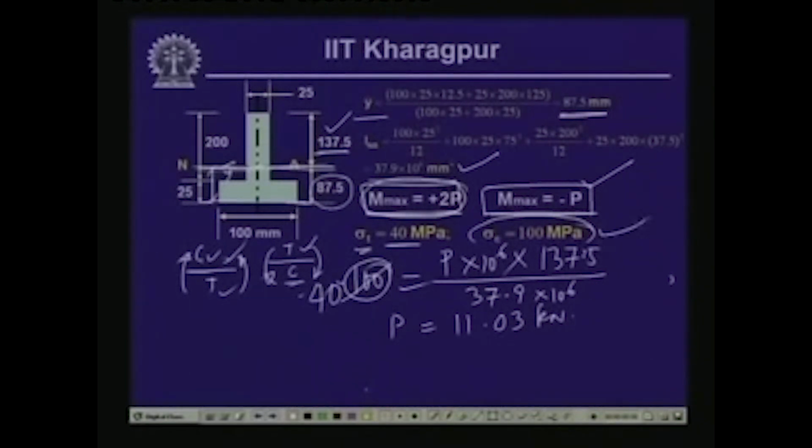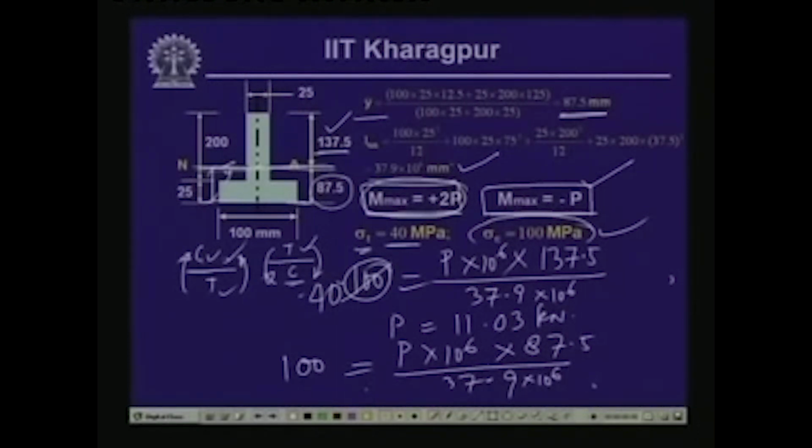Now if we take the compressive stress at the bottom, equal to 100 MPa, equal to P into 10 to the power 6 into 87.5 divided by 37.9 into 10 to the power 6, this gives us a value of P as 43.31 kilonewton. So now you can see that we have four values of P.